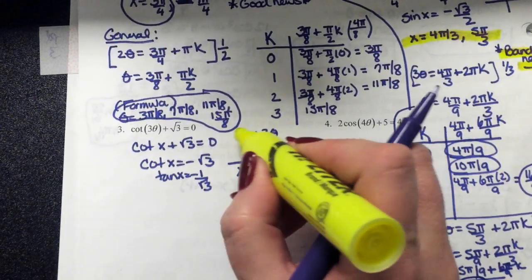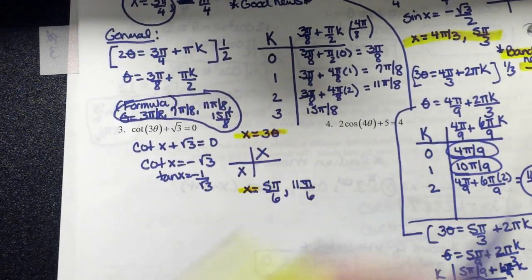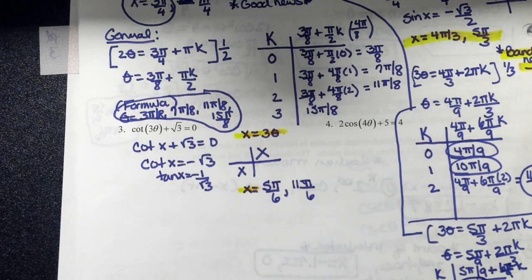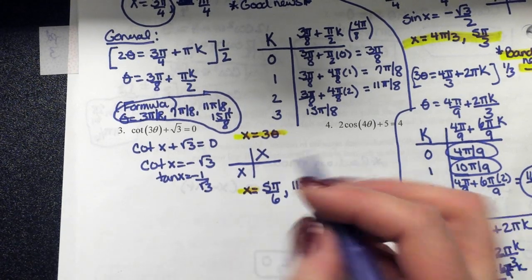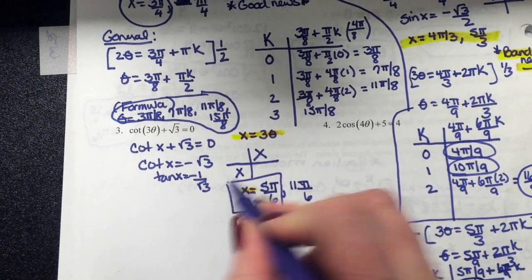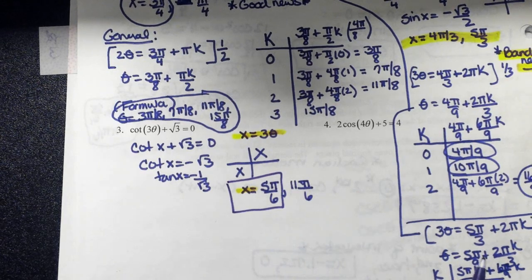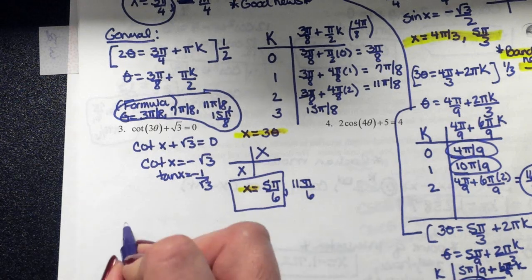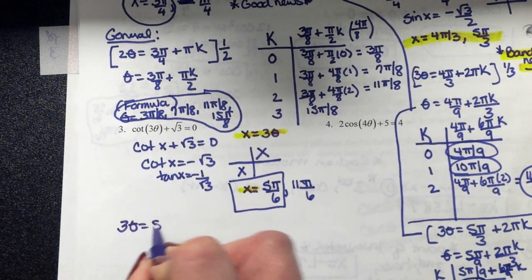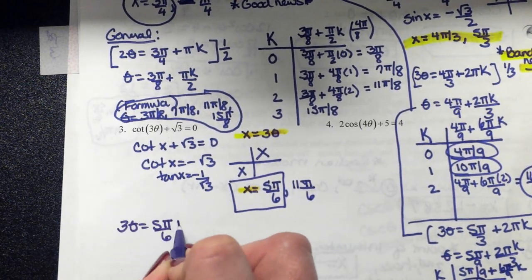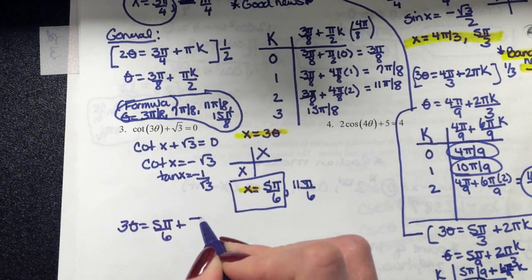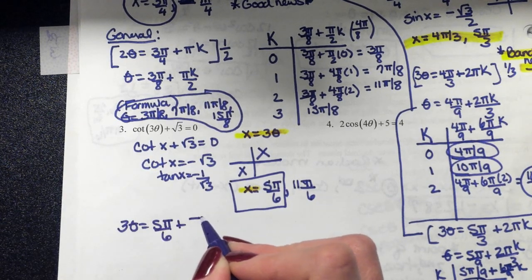Remember, my original equation was not in terms of x. So I now need, again, this is my good news situation, I only need to consider one of the angles. Yes? How do you know it's a good news situation? Tangent and cotangent, because the period is pi. One of the angles will pick up all the solutions. So now 3 theta is equal to 5 pi over 6 plus, is it pi k or 2 pi k for tangent and cotangent?